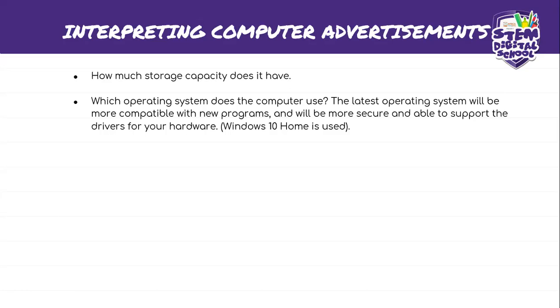So when you are buying a computer, you should also consider the operating system. Choose the latest, as it will be more compatible with new programs, more secure, and able to support the drivers for your hardware.